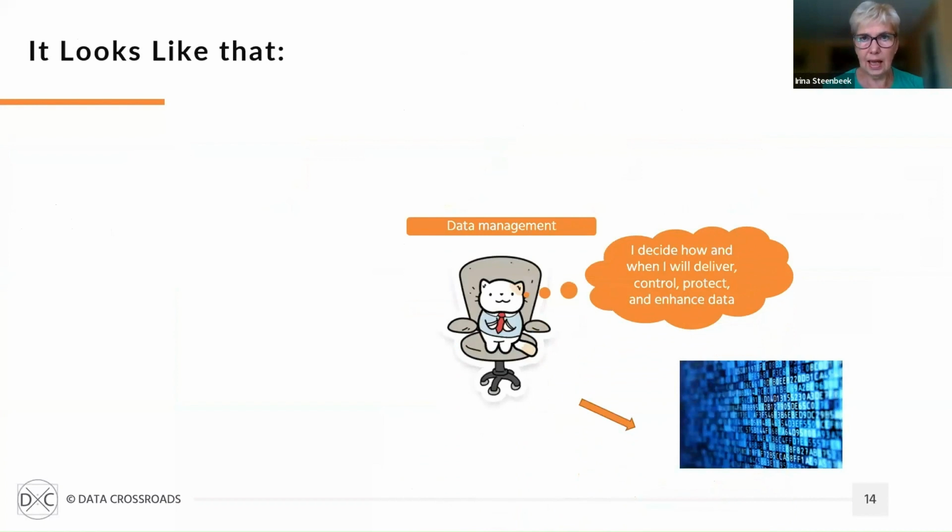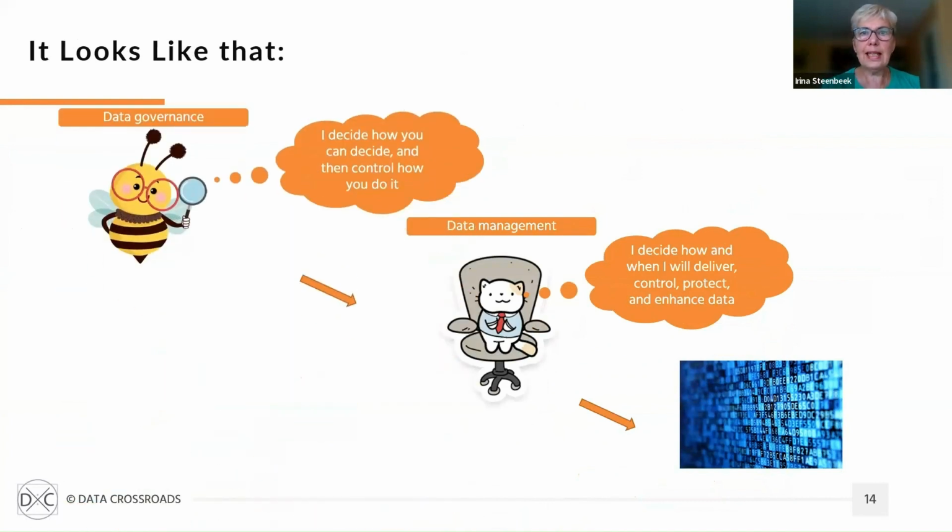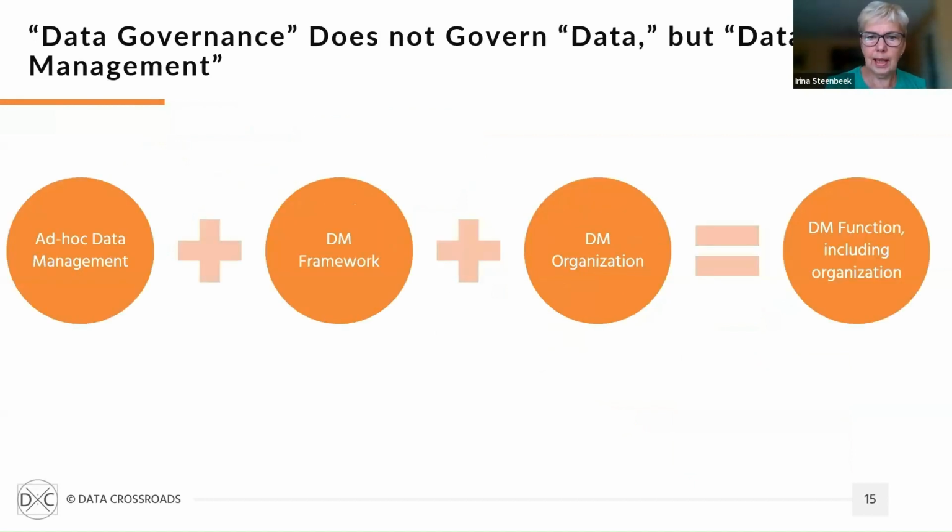Data management says, I decide how and when to deliver, control, protect, and enhance data. And data governance says, great, but I decide how you can decide, and then I will control how you do it.